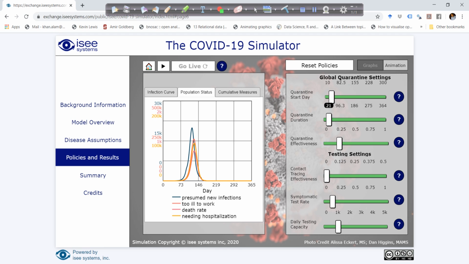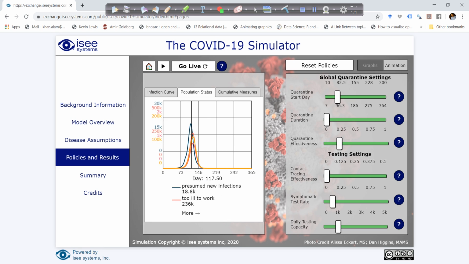Much worse is what happens if we start our quarantine much later, say in 2 months' time. So if you play this, you can see that the increase is quite fast.